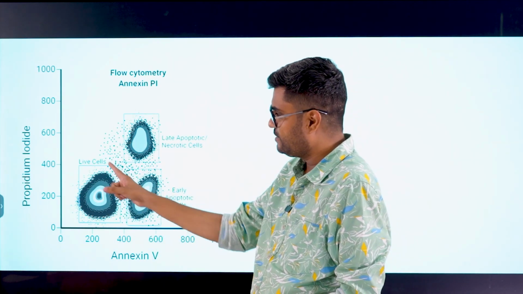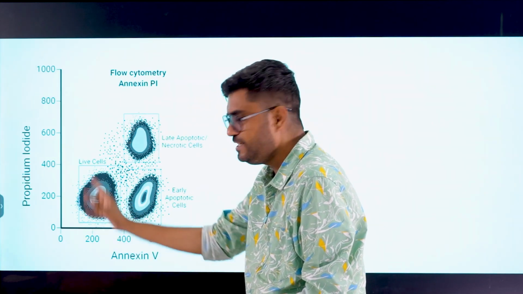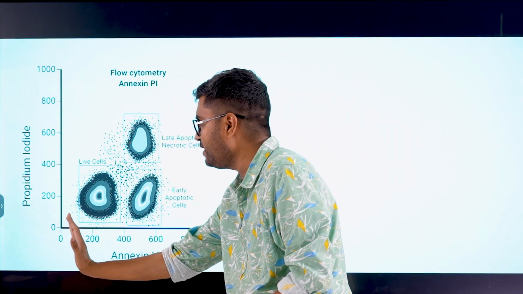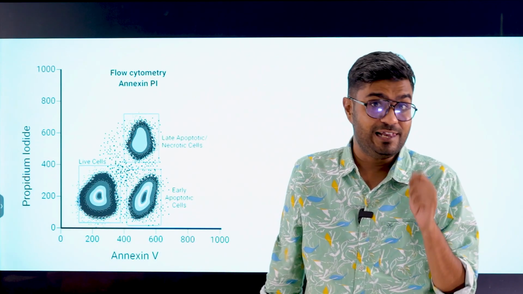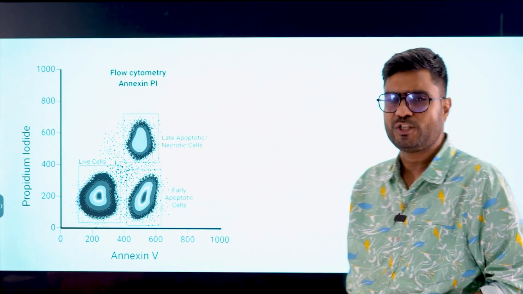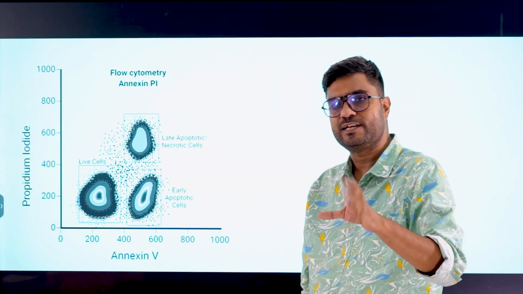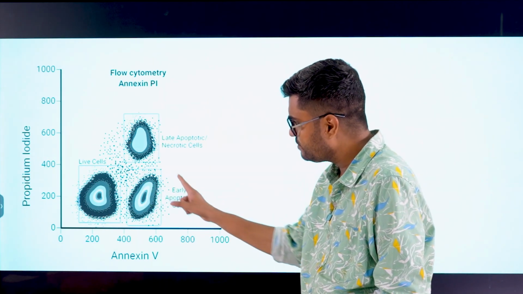What are these cells? Till now you have already understood. These cells, these dots, this population is negative for Annexin 5, negative for propidium iodide, meaning these are live healthy cells, not giving any kind of signal for Annexin 5 or propidium iodide. What are these cells?